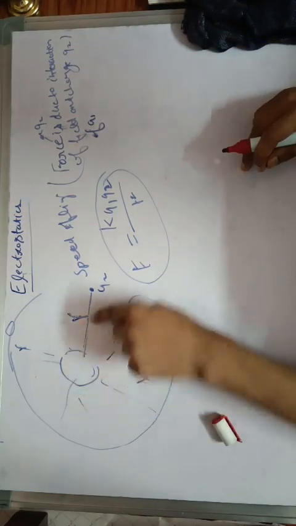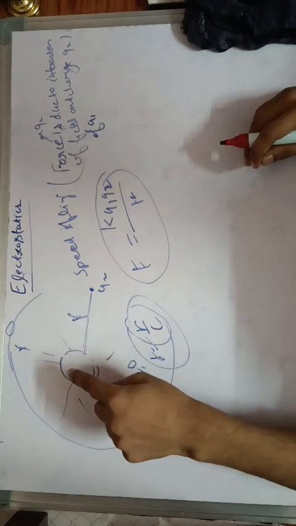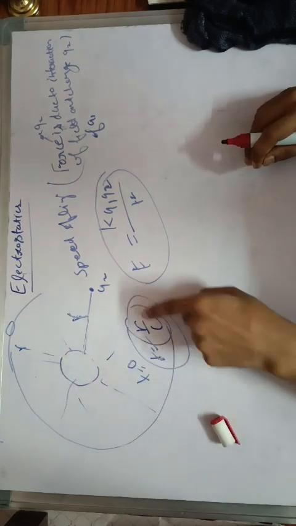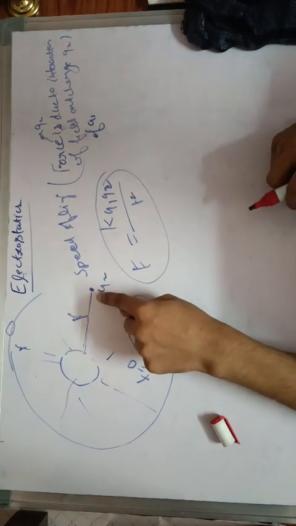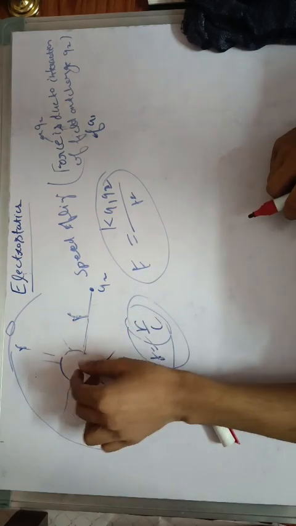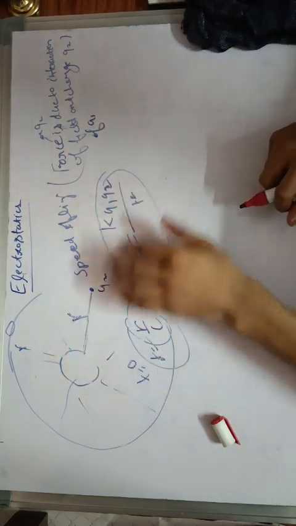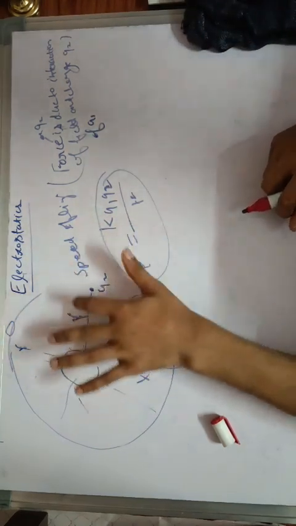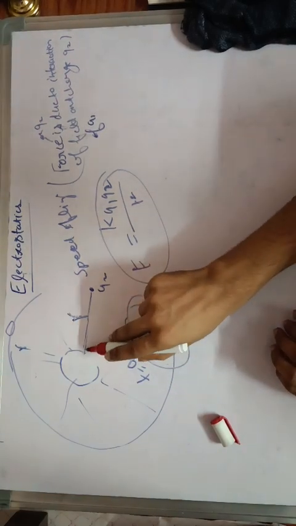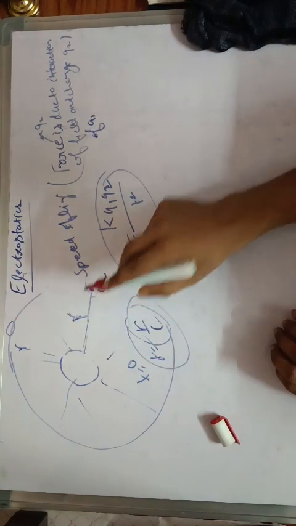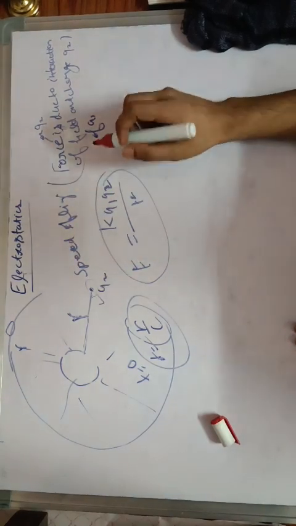Q1 has released some field, and the field is still present even after it disappears, for r by c time for this q2 charge, because after that this field will go away, and there would be no field in this region. So as long as these fields are present around this q2 charge, there would be force acting on this q2 charge.